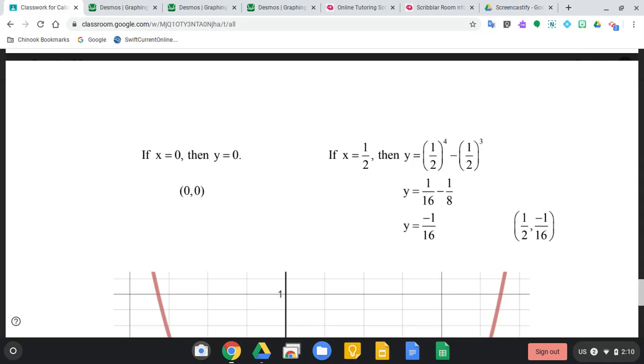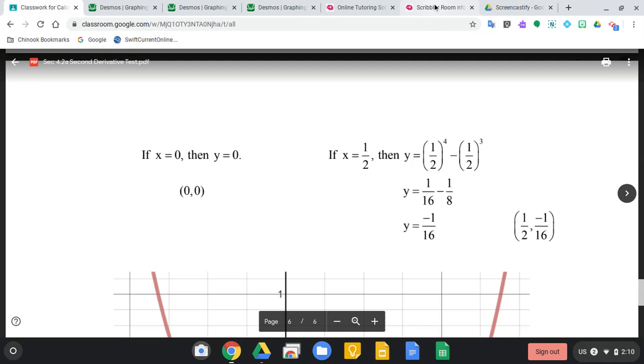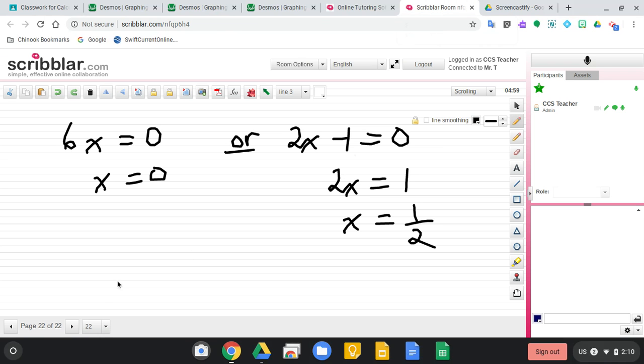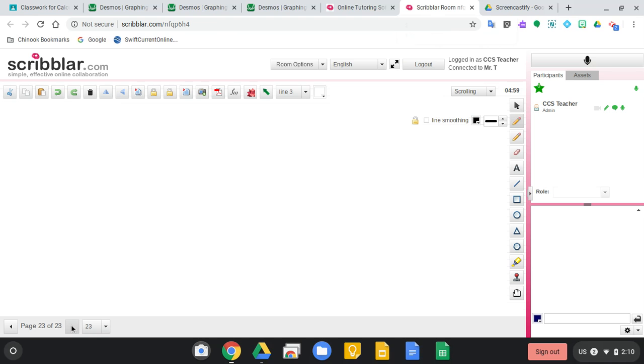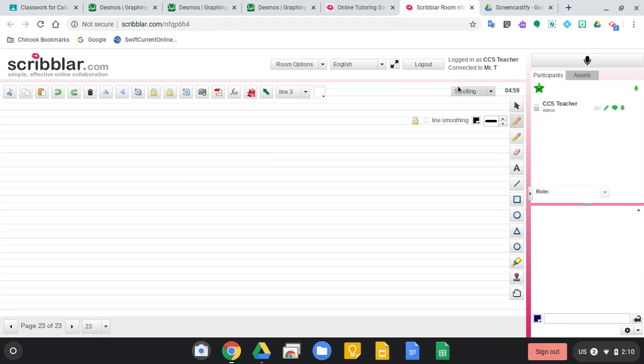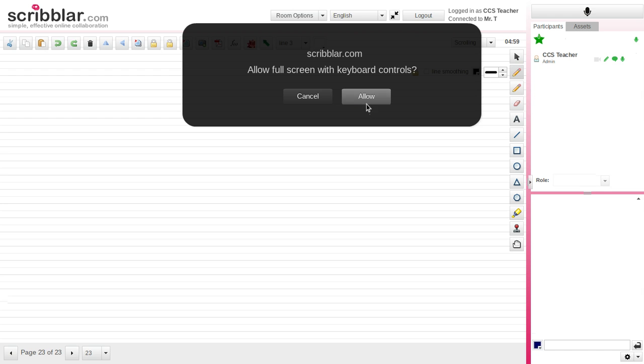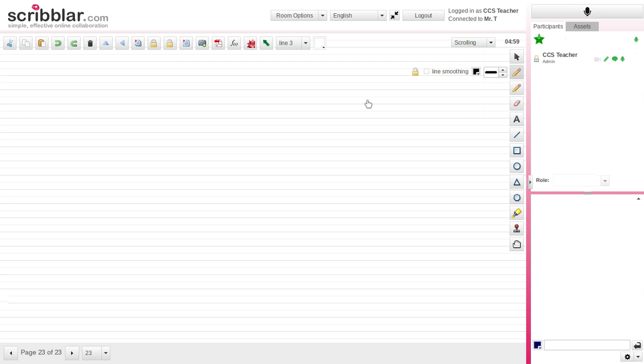Now I'm going to go back to the scribbler and draw this, because when we have these two inflection points, we really need to understand how this process works. So I'm going back to the scribbler. I'm going to create a blank page, and I'm going to try and make this page as big as possible. I think if I hit there, yep, there we go. All right, let's draw a coordinate axis.